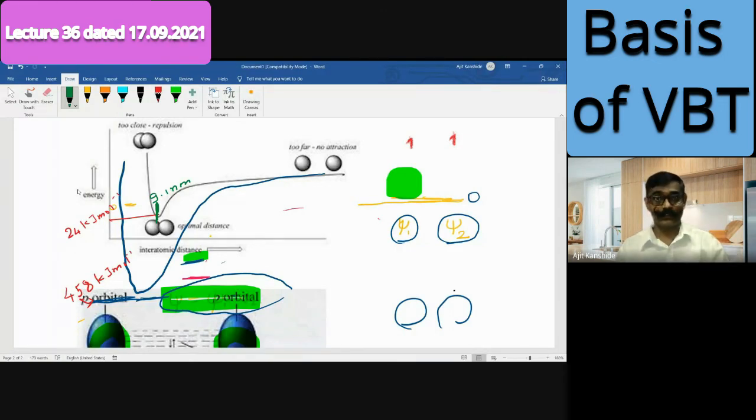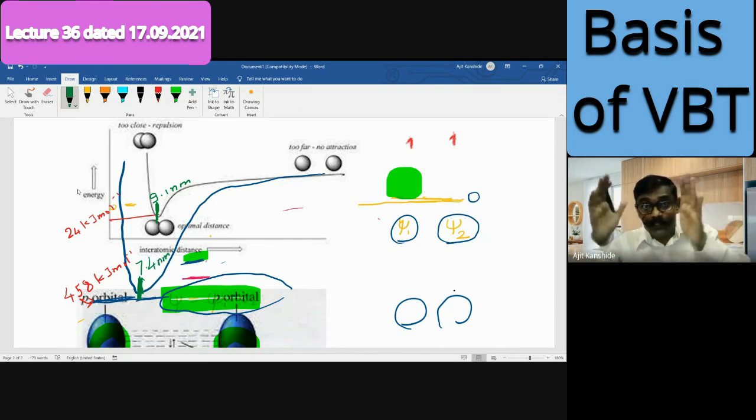But in the true sense, practically, the internuclear distance is 7.4 nanometer. So 9 nanometer is a wider, larger distance, the bond length is more. When the actual molecule forms, the bond length is less. Practically, the reality of a 7.4 nanometer bond distance is not explained by the simple approach of the valence bond theory.